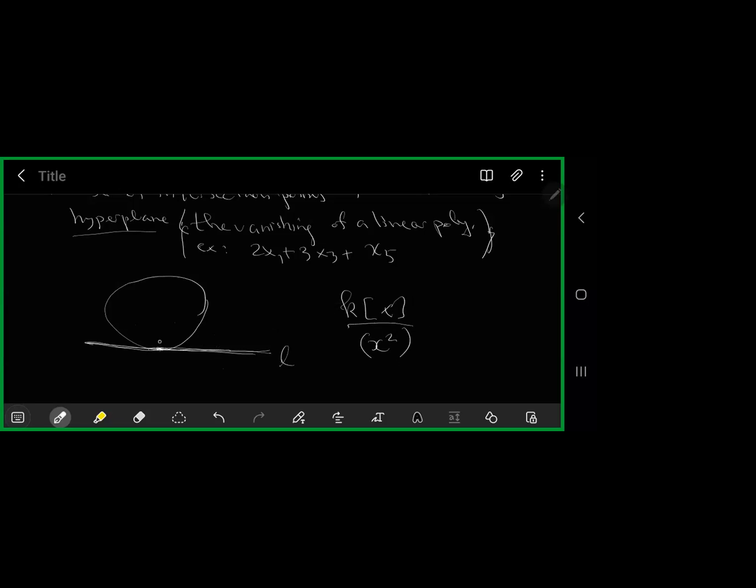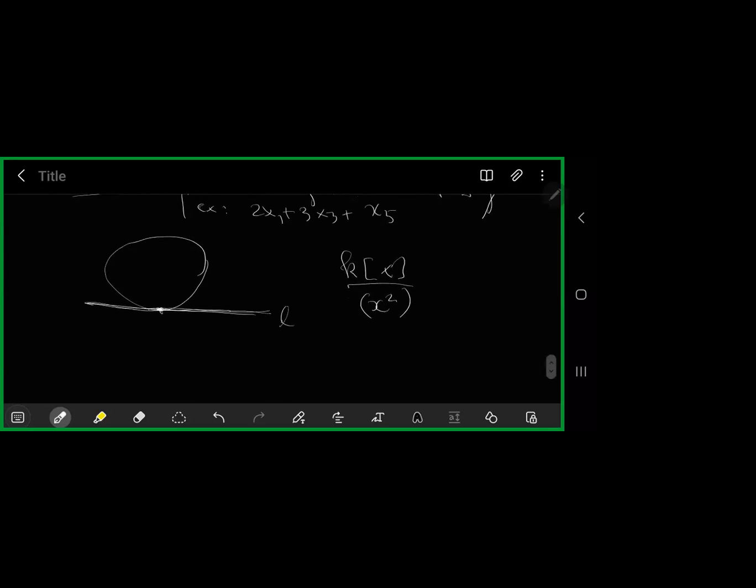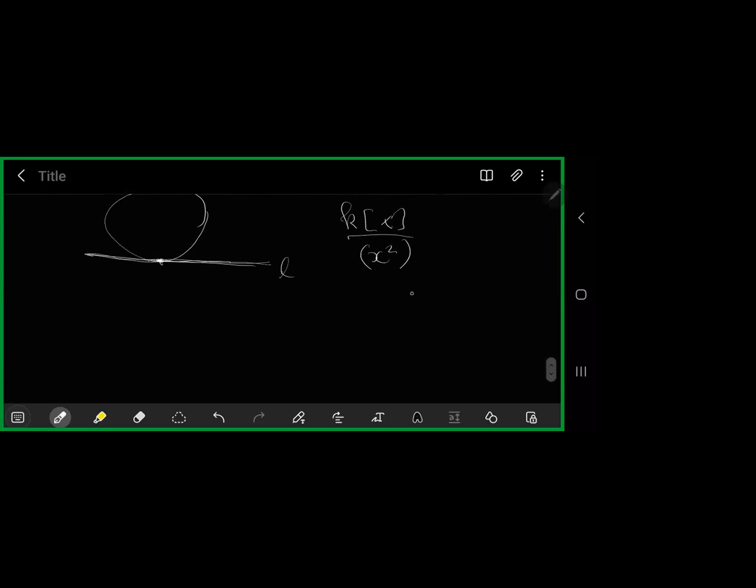And that corresponds to the fact that here you really have 2 points in some sense, or 1 point of multiplicity 2. That's better.